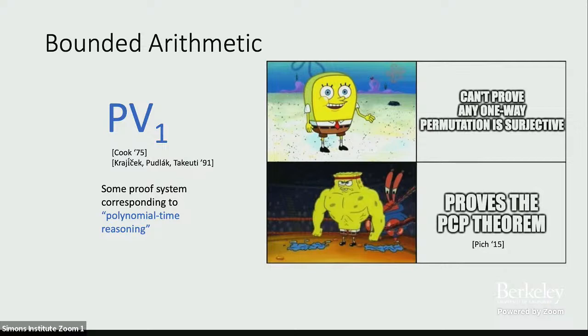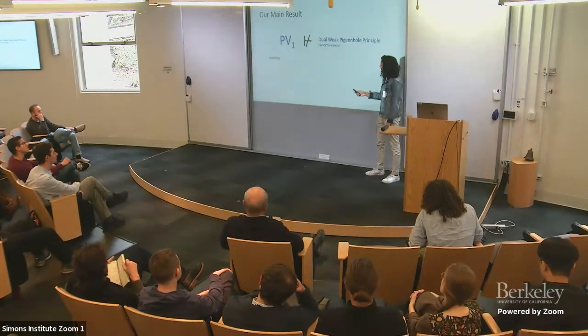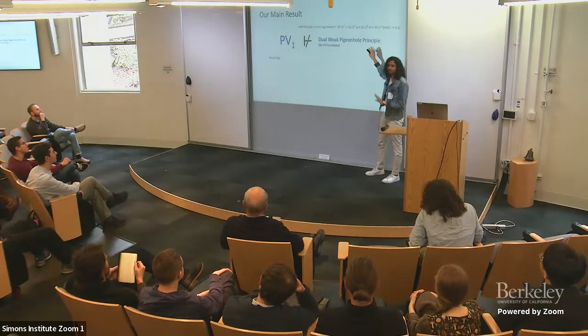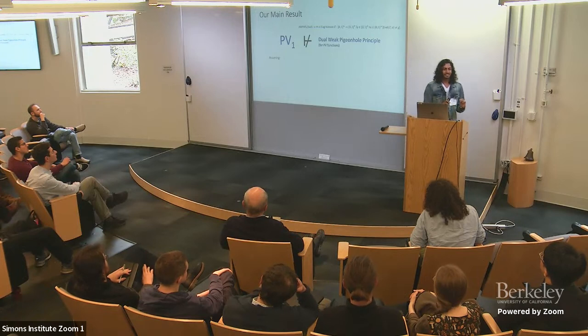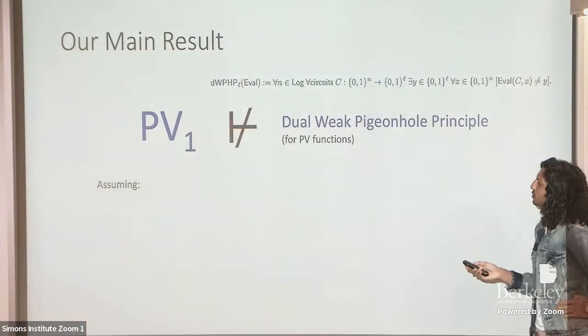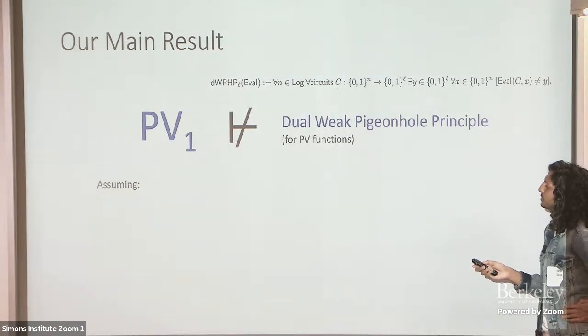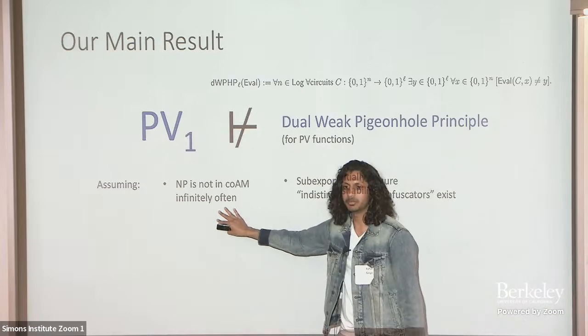Okay, so we have PV1, and now let me tell you what our main result is. Our main result is that PV1, under some assumptions, cannot prove the dual weak pigeonhole principle for PV functions, which, if you know about bounded arithmetic, is a precise formalization. I'm not going to go through it in detail. PV1 cannot prove the dual weak pigeonhole principle under the following assumptions. The first assumption is that NP is not in co-AM infinitely often.